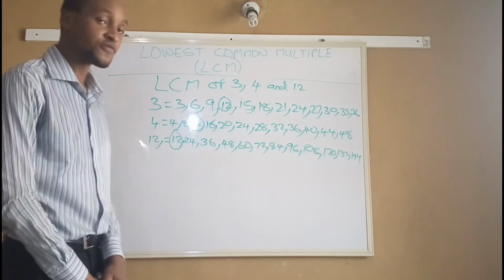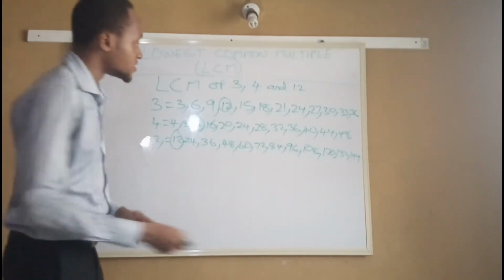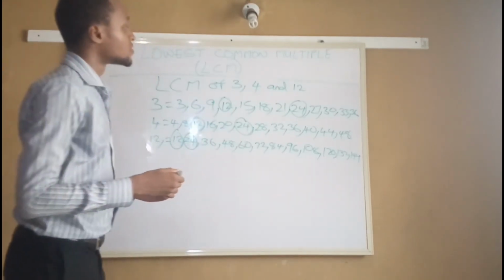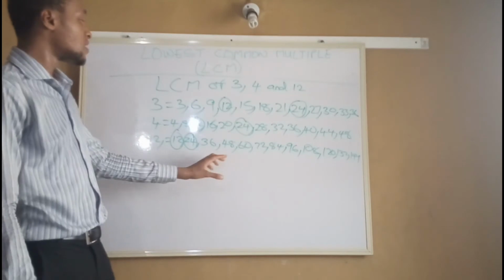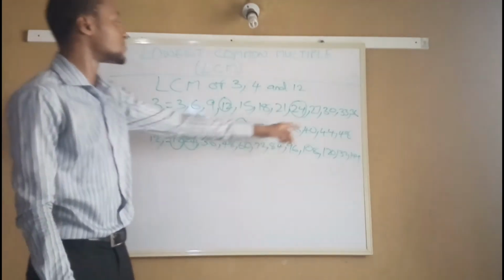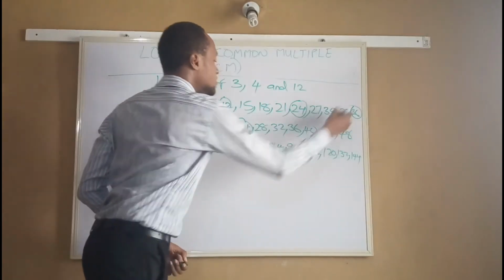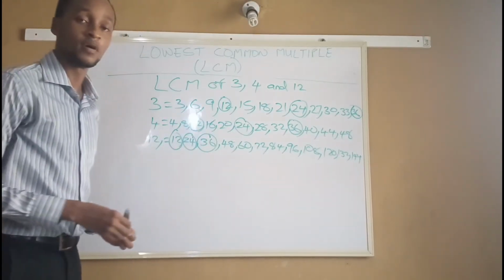We go to 24. Now you see 24 is here and here, so it is a common multiple. 27, there is no 27, neither is it here, it's not a common multiple. 30, 33, you go to 36. 36 is here, and it's here, and it's here, so it's a common multiple.